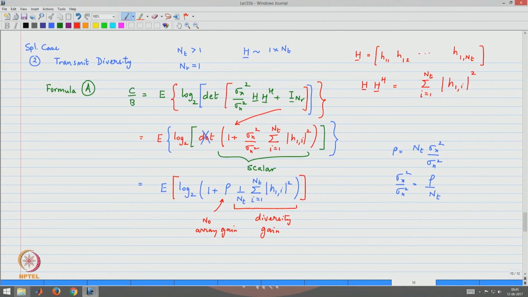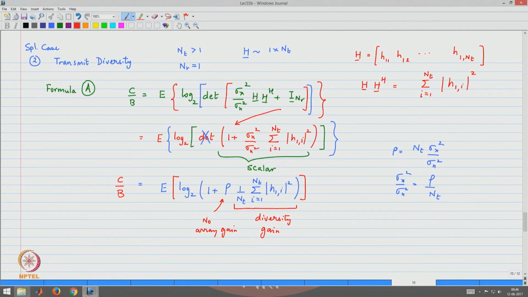So, this is also consistent with our understanding and derivation of the results that we had obtained for the case when we have only transmit diversity. The good thing is whatever we have derived as the log det capacity can be used to look at two special cases, one with receive diversity, the other one with transmit diversity, and in both cases we have shown that the results are completely consistent with what we had derived earlier.